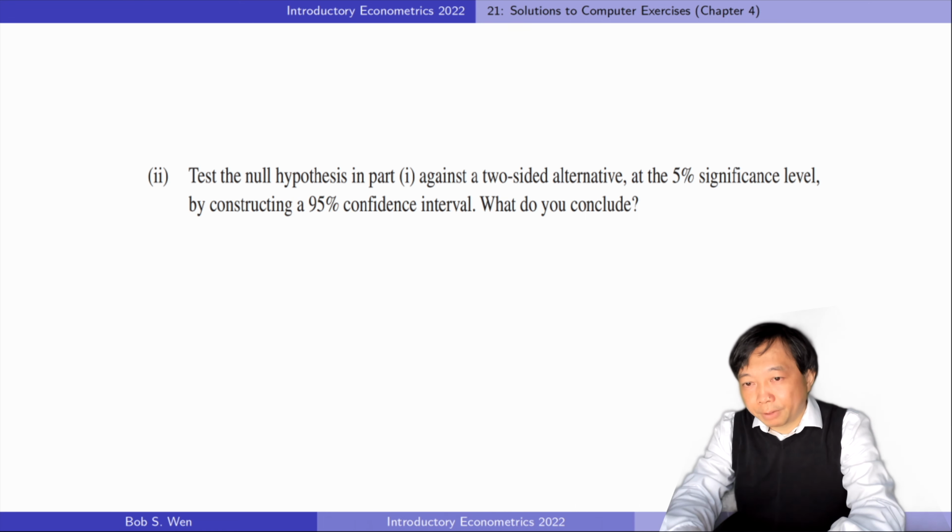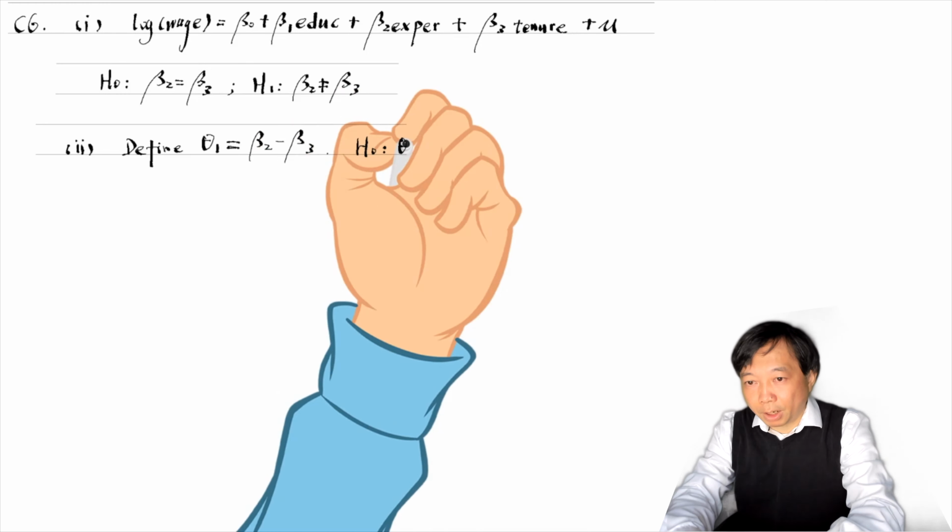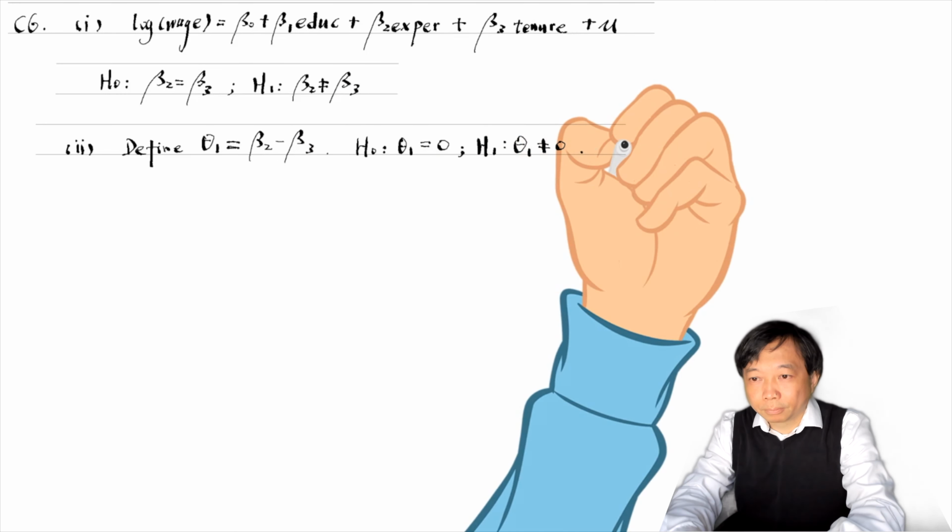So we should define a new parameter, theta 1, for beta 2 minus beta 3. The null hypothesis becomes that theta 1 equals 0, and the alternative becomes that theta 1 does not equal 0.